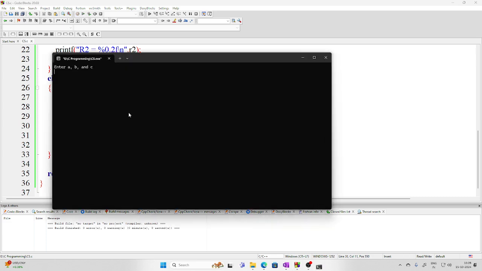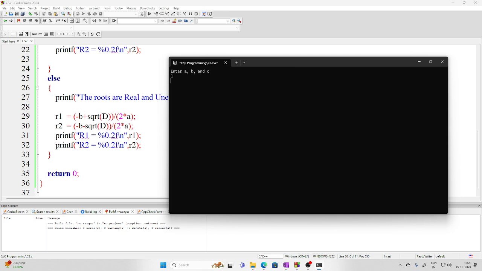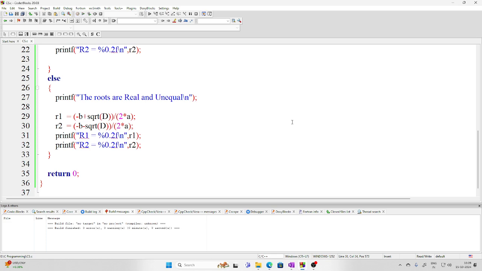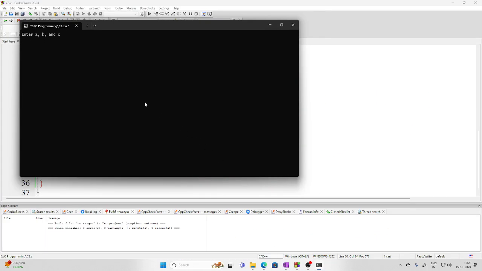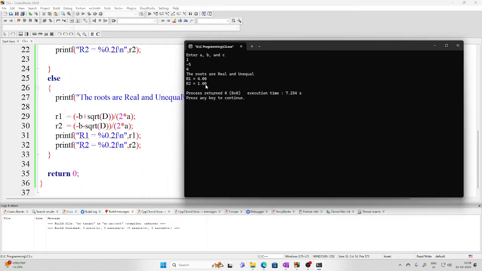Now, if we run this, the equation was x square minus 5x plus 4, so it is 1, minus 5 and 4. Now you can see you are getting roots as 4 and 1.